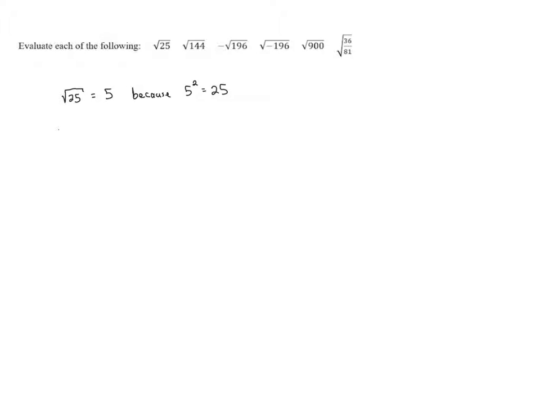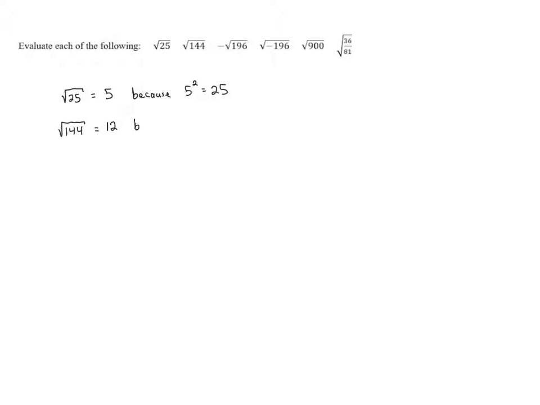Let's move on. The square root of 144. We need to know what number we can square to get 144, or what number we can multiply by itself to get 144. Many students know from memorizing their times tables back in elementary school that 12 times 12 is 144, so the square root of 144 equals 12.